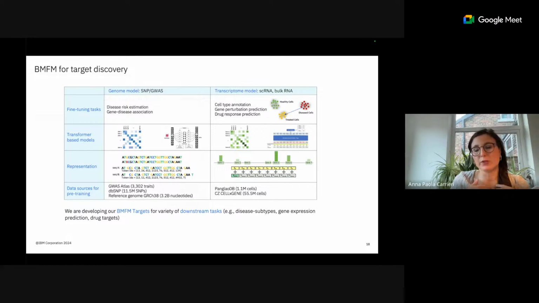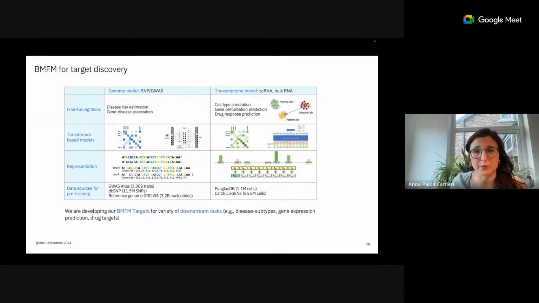The genomic model, so if you think about the prediction, what the last layer of this big complex neural network does, if you think about the genome model, imagine being able to predict disease risk of a patient based on their SNPs, based on the variation in the DNA sequence. Or imagine being able to predict the gene-disease association based on the SNPs.